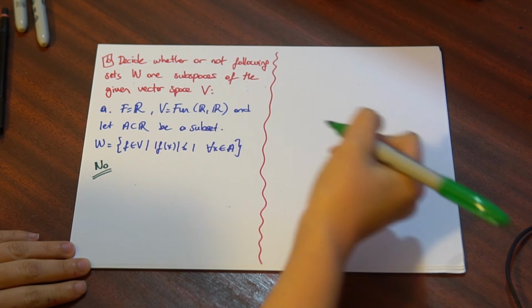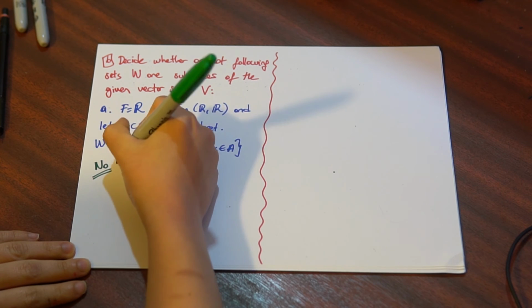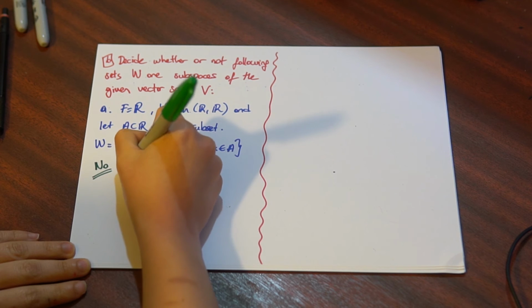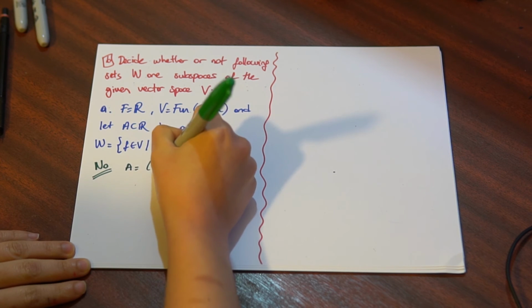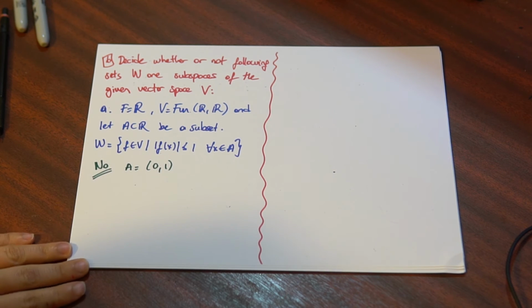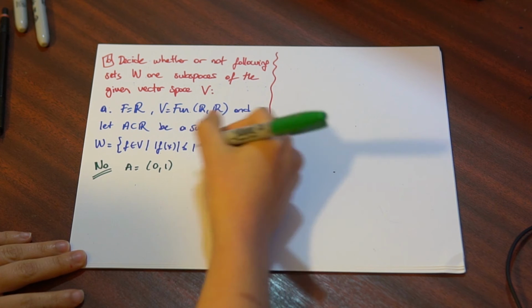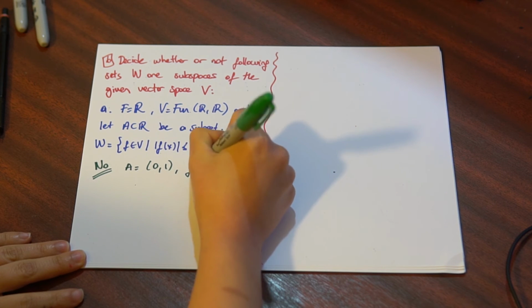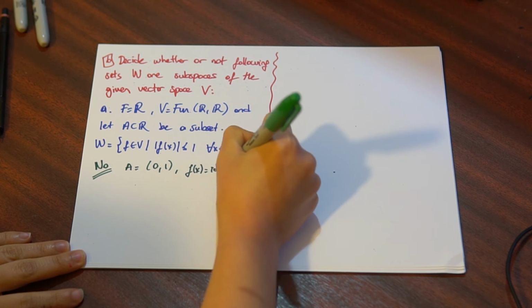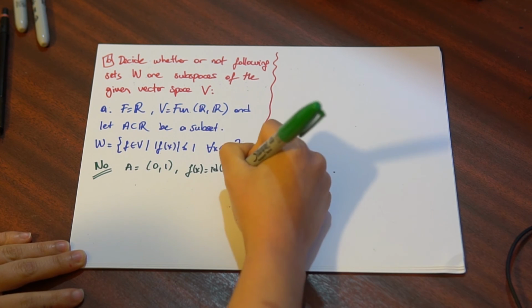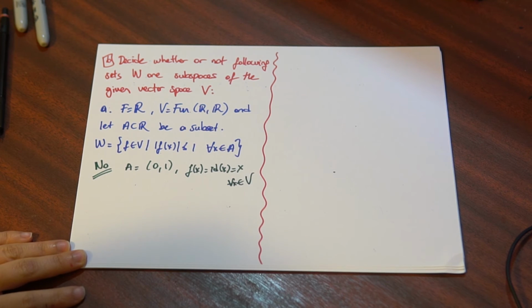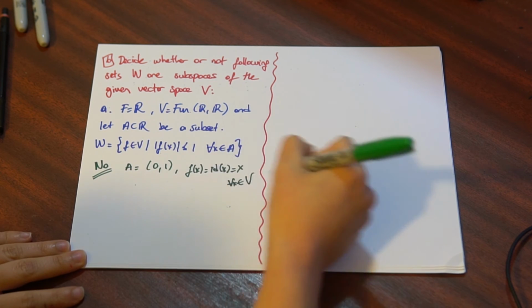Choose A equal to the open interval 0 to 1. And f(x) as the identity map, equal to x for every x in W, right?